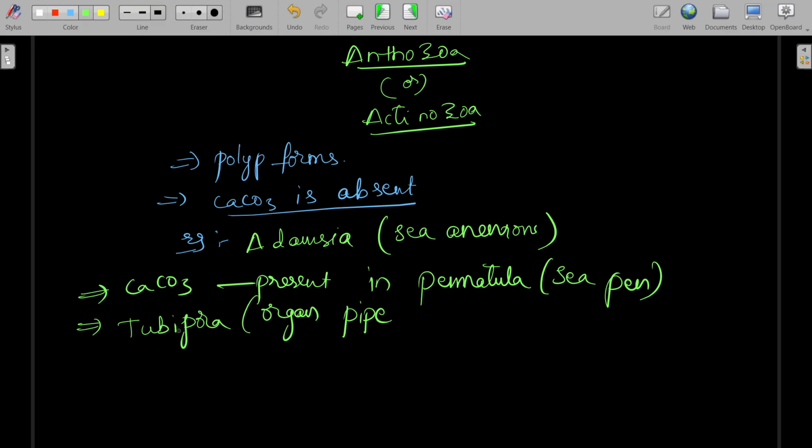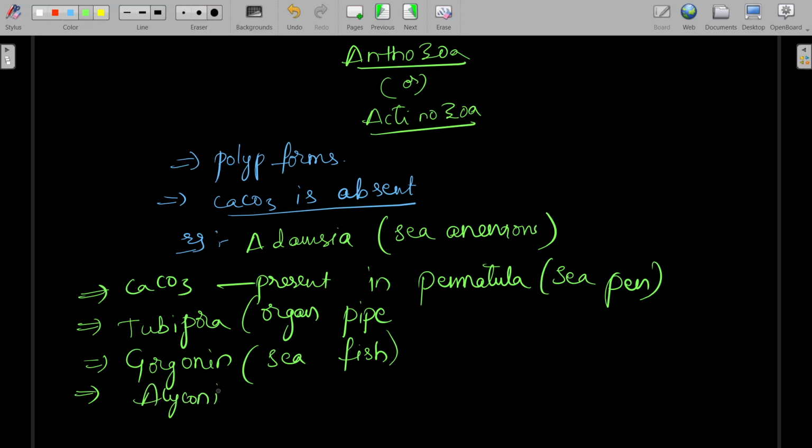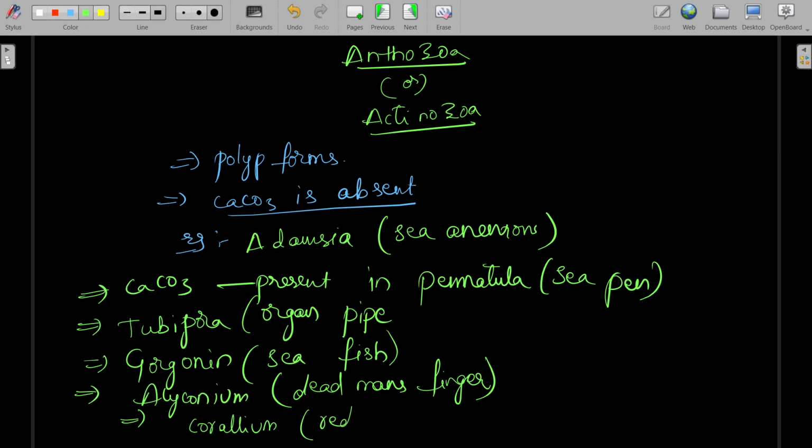Next, Gorgonia, also called sea fan. Next, Alcyonium, which is dead man's finger. Next, Corallium, which is red coral, or Munga.